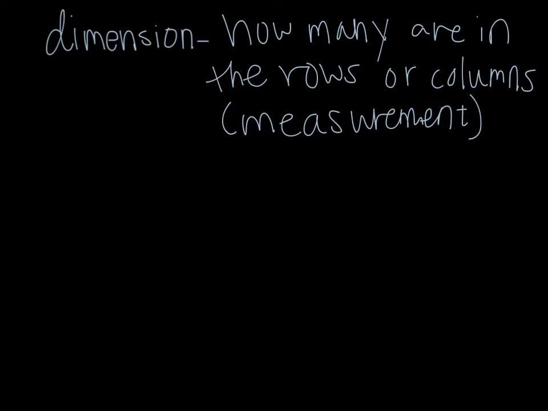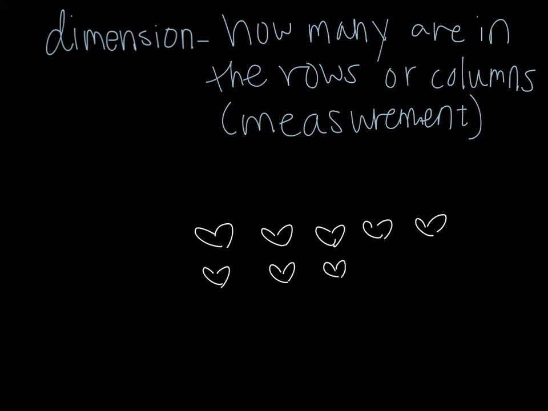So when you see an array, let's just draw some hearts. It will have two sets of dimensions, because in multiplication you can flip the numbers and it still equals the same thing. So you could say, and see the 2 right here is how many are in the columns. So it would be 2 by, and then you would look at this top row, 1, 2, 3, 4, 5.